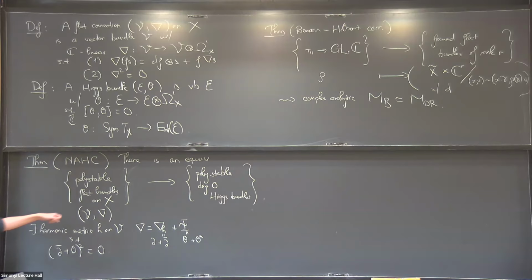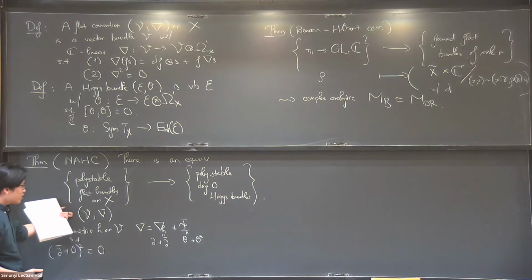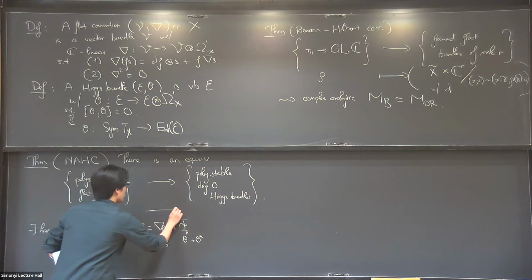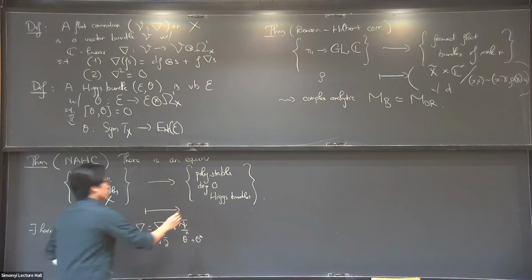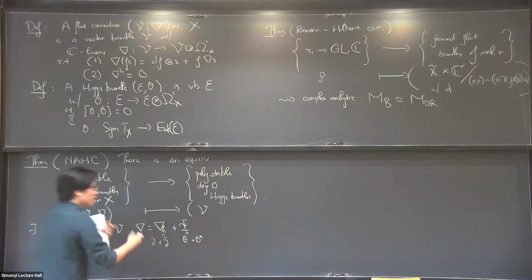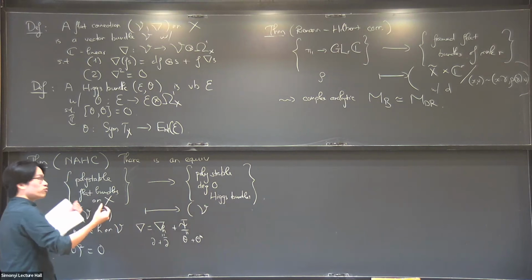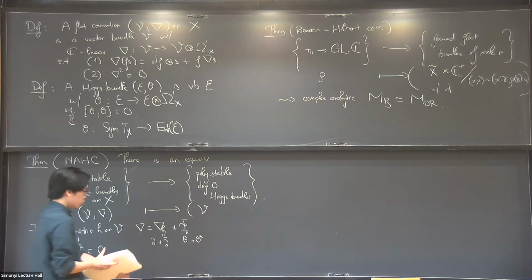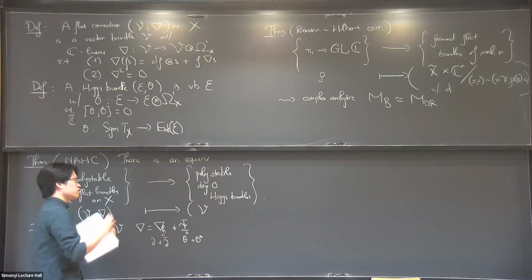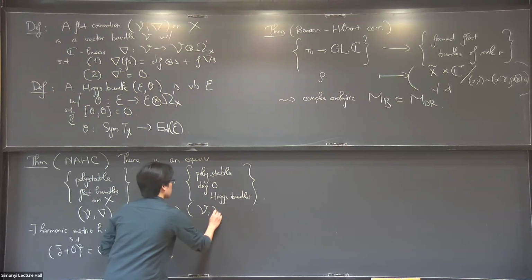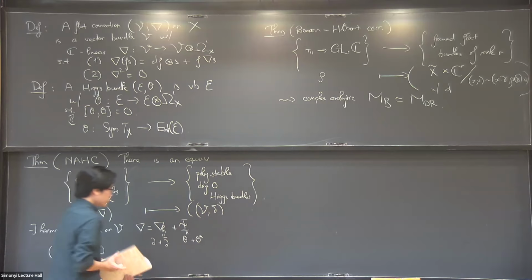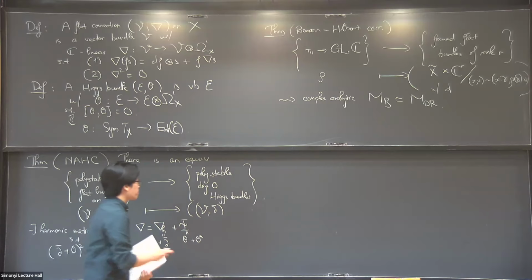So the correspondence here is, you are given such a flat vector bundle, you map it to the same underlying smooth vector bundle, but now you equip it with this new holomorphic structure. And then the Higgs field is this theta.